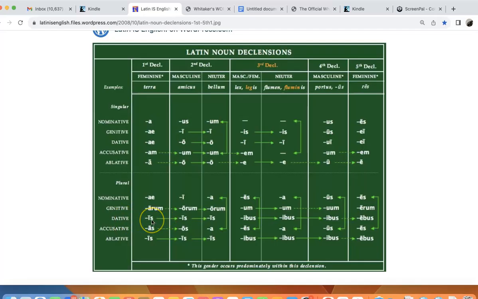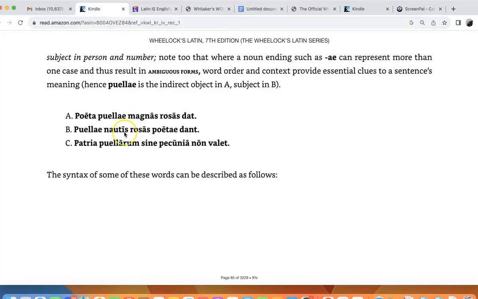So nautis is plural. Remember, dative is to or for whom something is done. So just put a to or for, and then to the sailors. Patria means country or fatherland. So literally the country of the girls is not well without money.